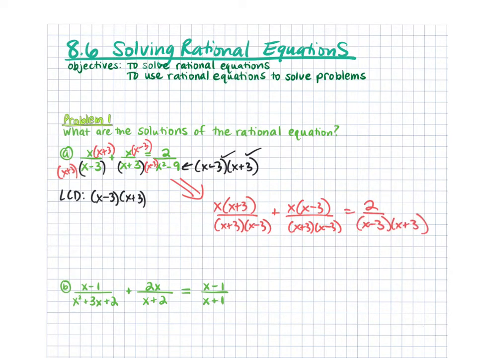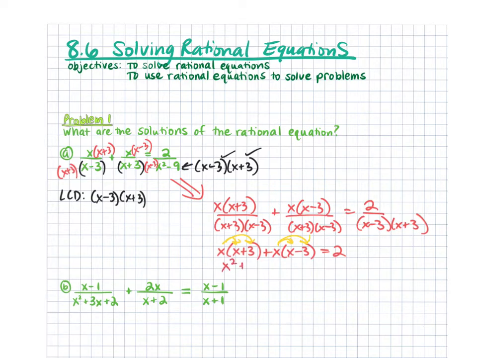Okay, so now, because these are all the same, we can multiply both sides by this denominator and they would all cancel. So we only are concerned with the top. So this is x times x plus 3 plus x times x minus 3, and that equals 2. And now that's the equation that we're going to solve. So then we just need to distribute to simplify.